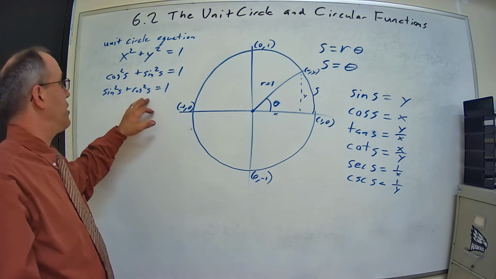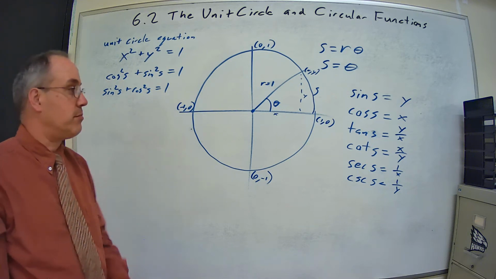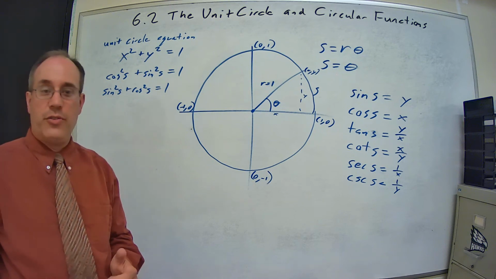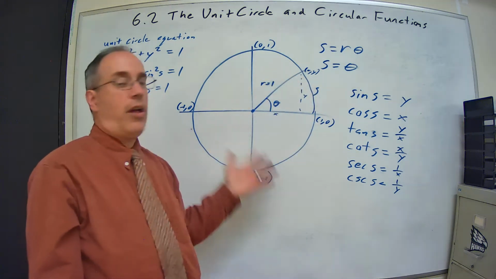Sine squared plus cosine squared is equal to 1. So pretty cool. So that is based on the unit circle and the knowledge that we have of the unit circle.